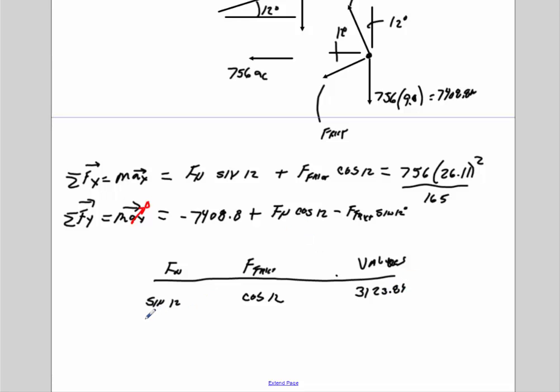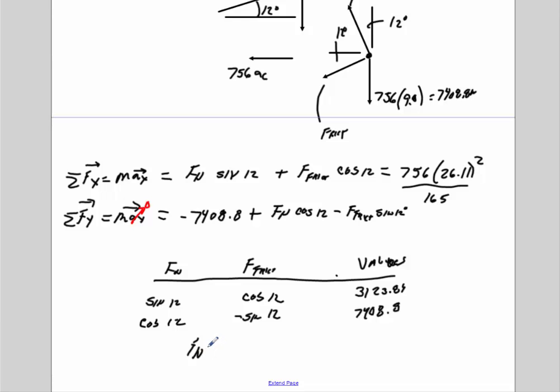I come down to here, I put the cosine of 12. Be really careful with the signs, that's going to be minus sine of 12. I'm going to move this back to the other side, it's negative here, so that makes it 7408.8. I run that through my calculator very quickly, and what I'm going to get is my F normal.